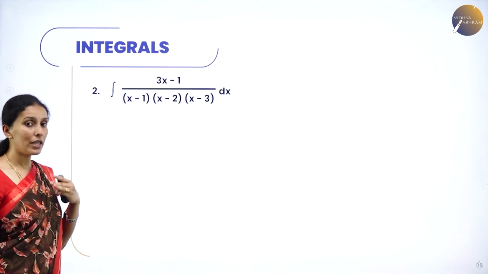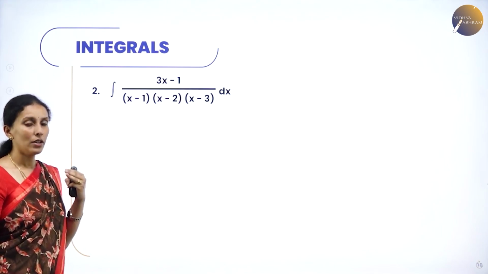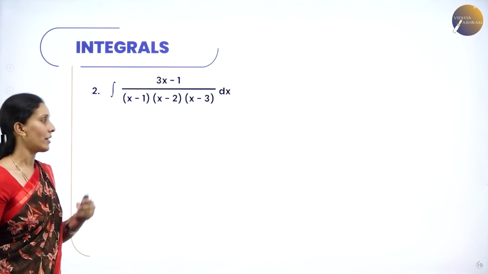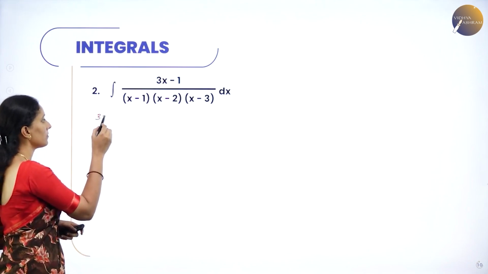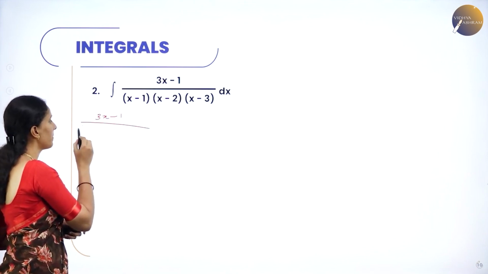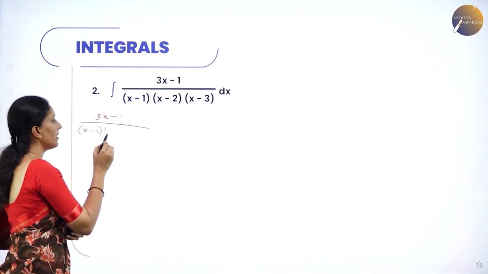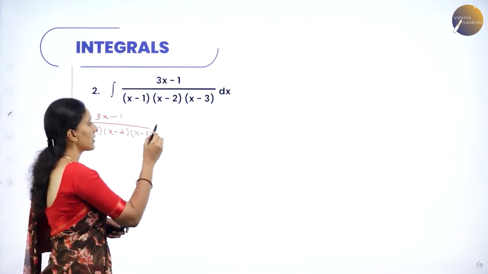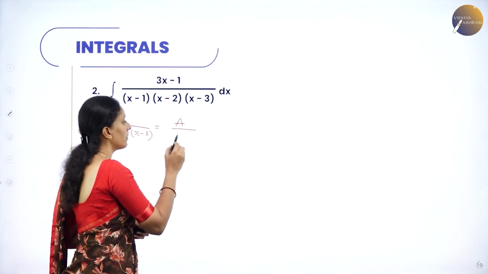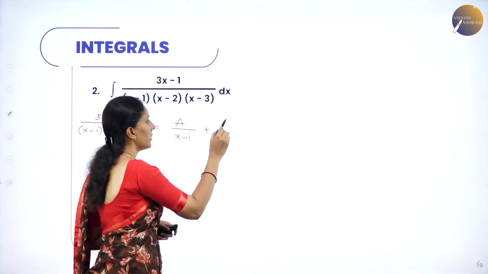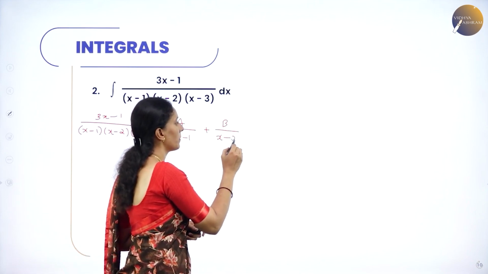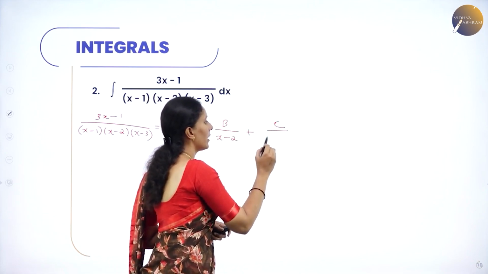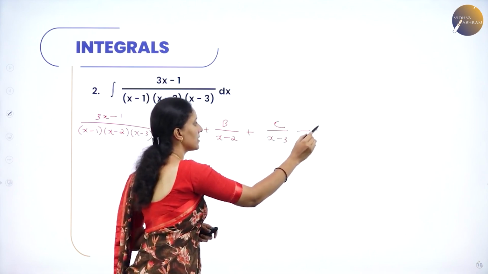So when you have 3 separate factors, you have to write 3 simple fractions. So first let us write 3x minus 1 divided by x minus 1, x minus 2, x minus 3. This can be written as a divided by x minus 1, plus b divided by x minus 2, plus c divided by x minus 3. Let me take this as equation 1.